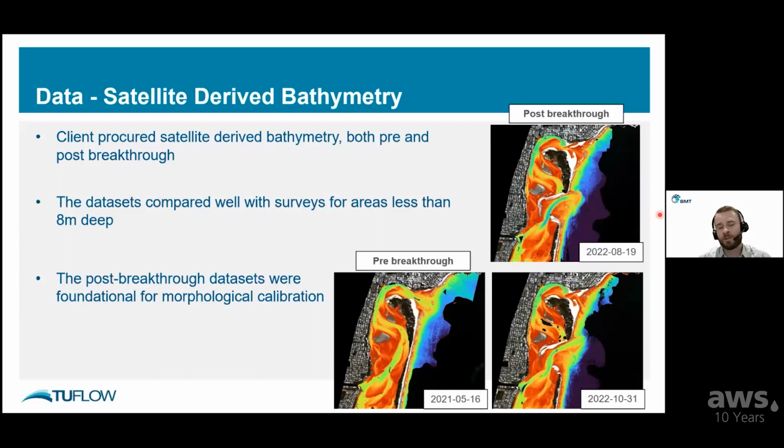Even pre-breakthrough, there wasn't a lot of survey to begin with, but post-breakthrough, there was virtually no survey data around the area, apart from maybe the channel itself. But because this is such a hydrodynamically complex area, you need almost a map of bathymetry. So this satellite-derived bathymetry allowed us to set the model up. And the fact that they provided us with 2 data sets post-breakthrough allowed us to have a target for our morphological modeling, basically a calibration case. We'll see that soon.